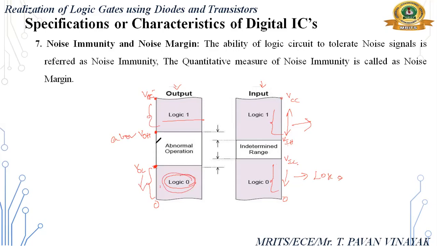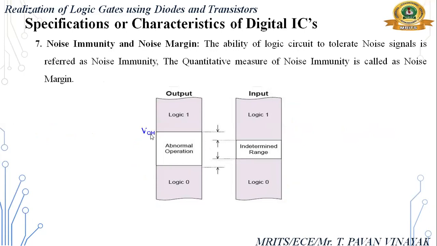Suppose we get an output between VOL and VOH, we can say the circuit is not working properly. And the same, if input voltages we give are between VIL and VIH, we won't get any output.